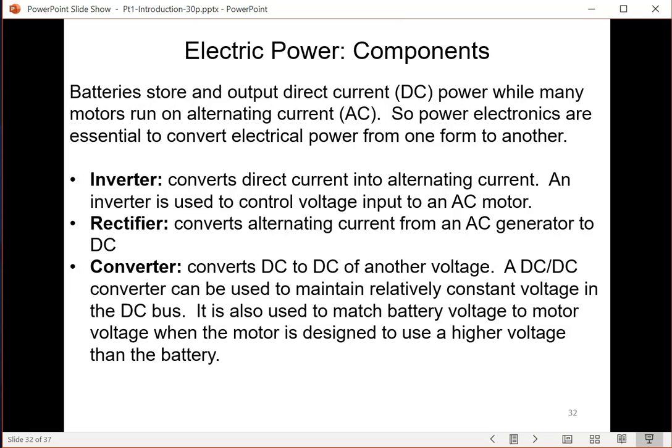It's possible to get a higher output voltage from a low input voltage, or vice versa. You can generate a lower output voltage from a higher input voltage, but they are both DC, that's direct current.